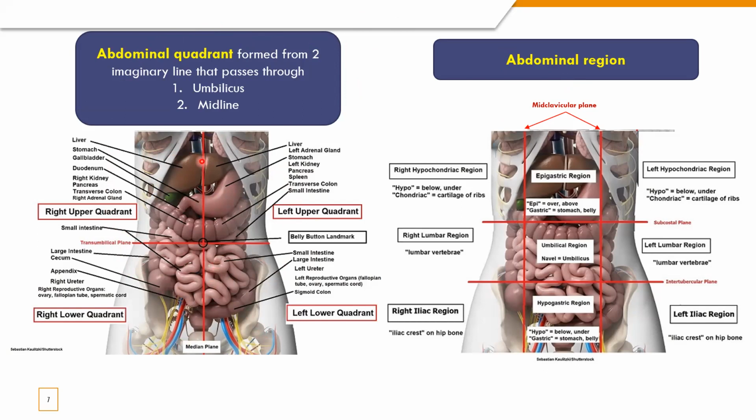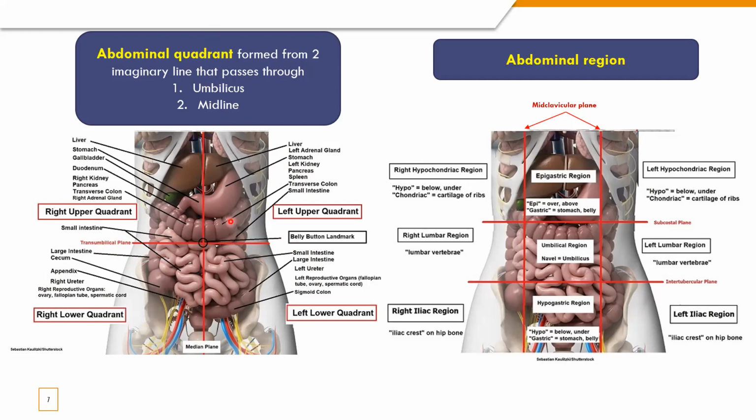It is simply by putting an imaginary line that passes through the midline, through the sternum and the xiphisternum, and the transumbilical line that passes through the umbilicus.